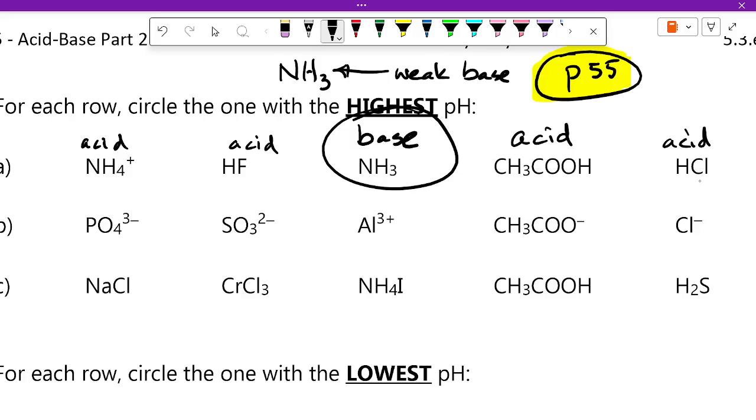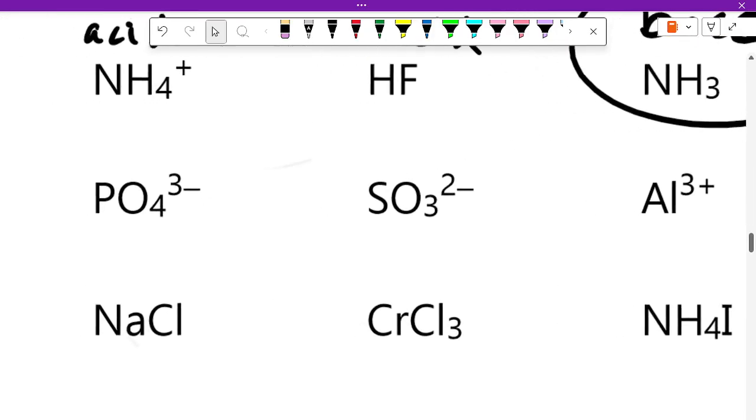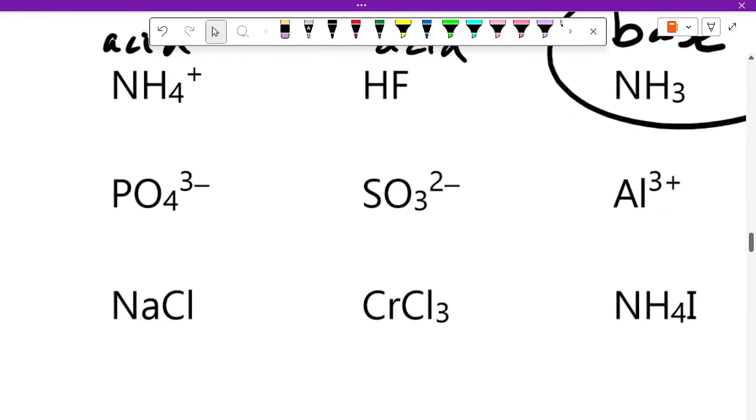Okay. We have a bunch of ions here, and these are negative ions, other than aluminum. So for our negative ions, what are we asking ourselves? We're asking ourselves, does that ion hydrolyze? Does PO4 3- hydrolyze? Yes, it does. That makes it a weak base, because remember, anionic hydrolysis is always basic.